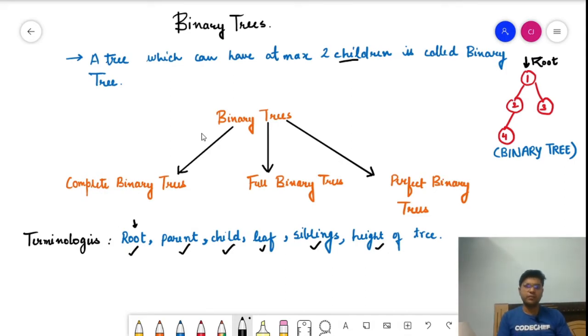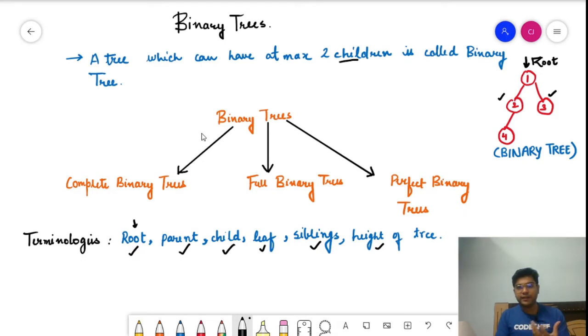This is the first thing. What is a parent? Obviously there are some children, and the parents are the ones who give birth to their children. So the originating nodes of the children are called parents. These are the children, 2 and 3.